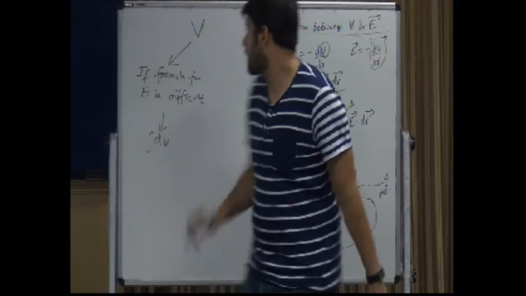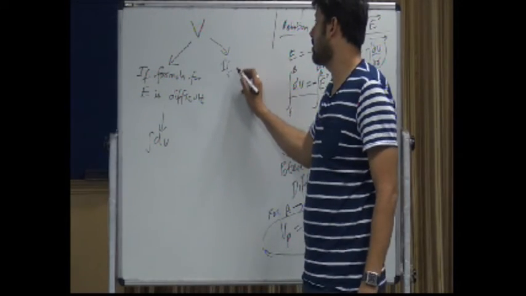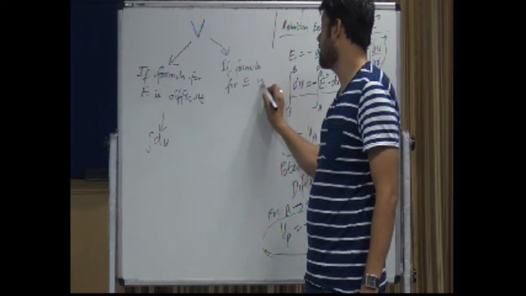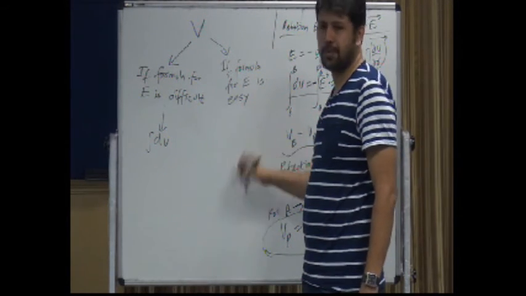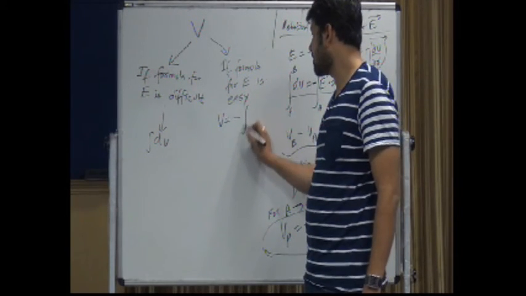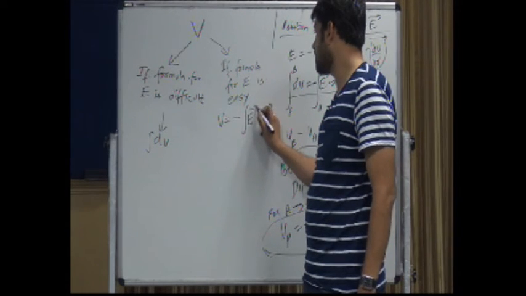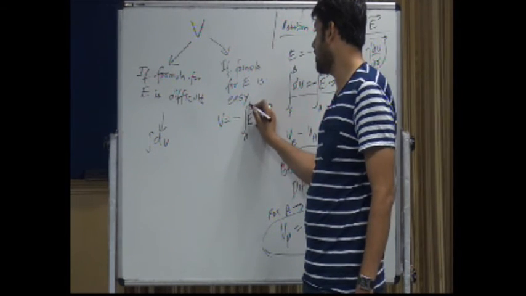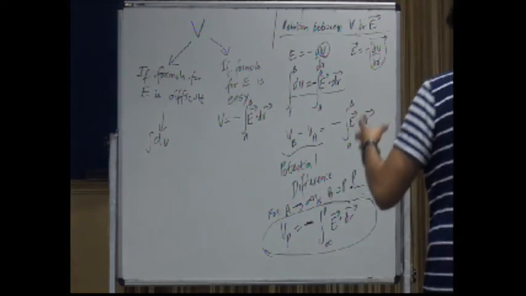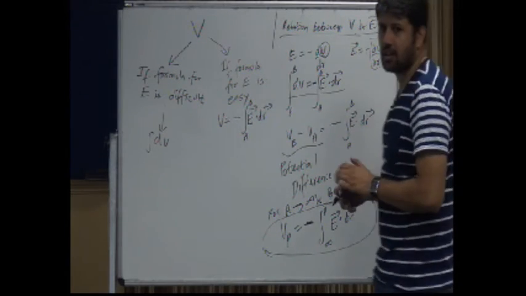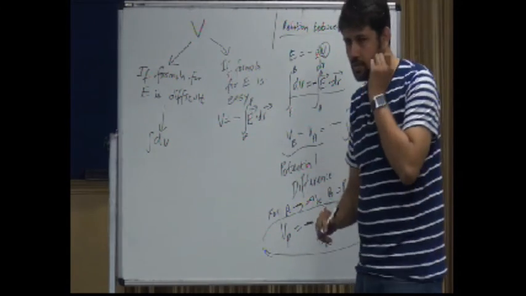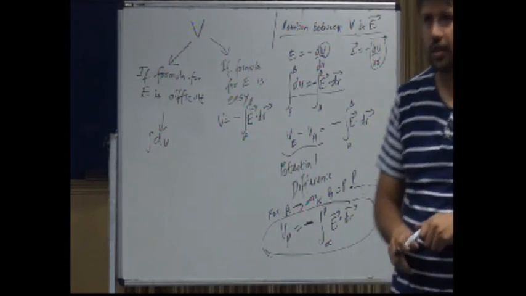But if the formula for E is easy peasy, then we find potential using this scenario. No need to take dq, then find the principal, then find the small amount of potential and all. This was infinity and this was point P. Is it okay?